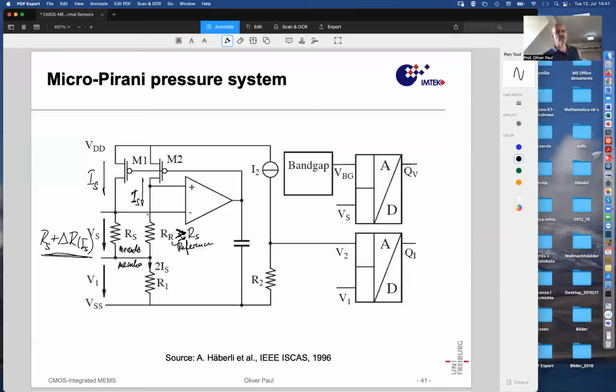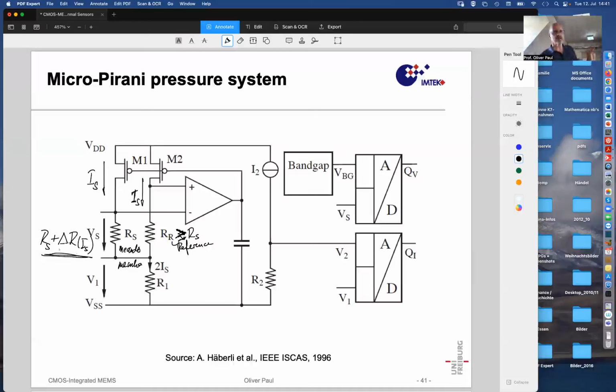And because those two signals are the input signals of a differential amplifier, and this amplifier puts its voltage out as a control signal over the resistors, the system tunes itself automatically into this equilibrium where the minus and the plus are equal.